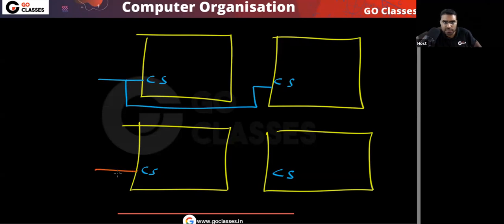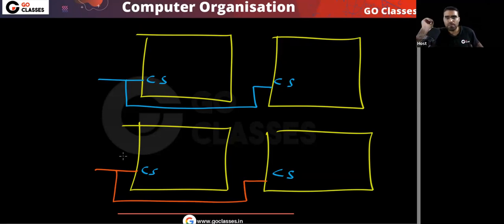And similarly, these 2 chip selects we will connect for horizontal arrangement. Yes or no? Is this clear? So far we have done the horizontal arrangement.